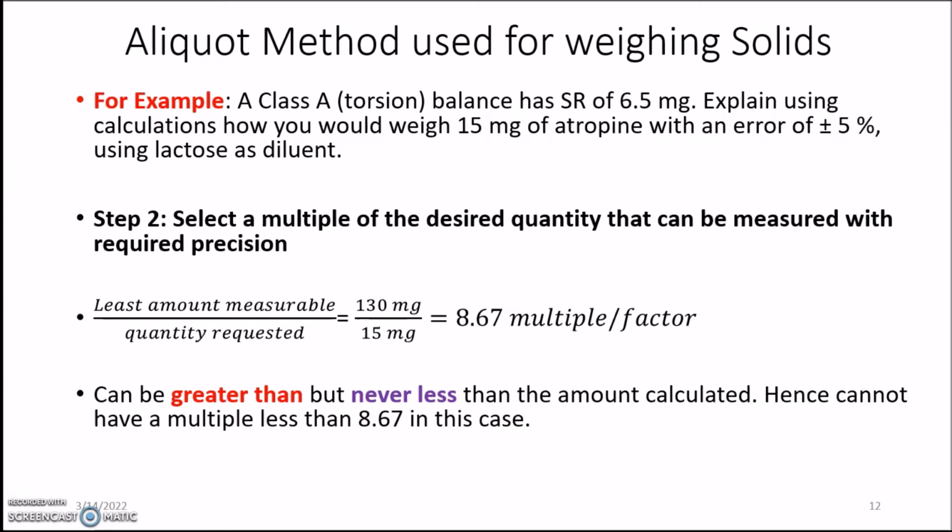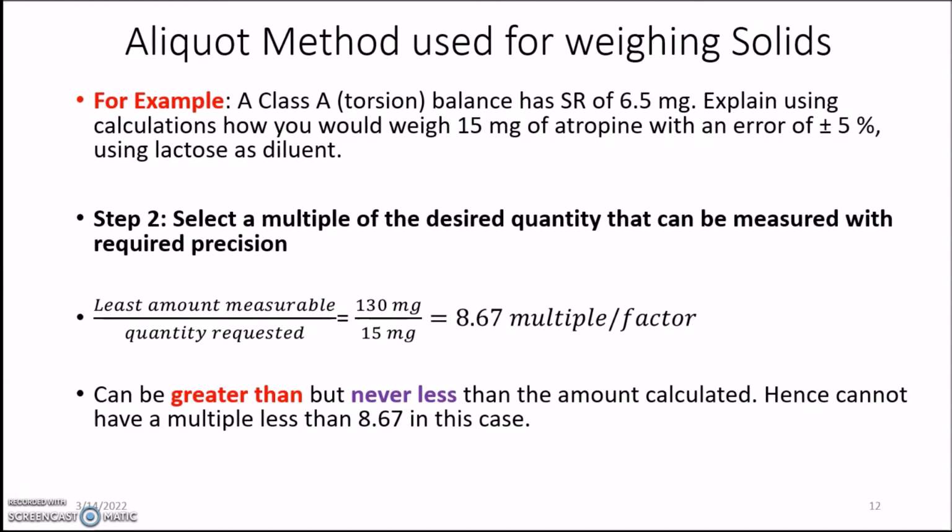Of course, the greater your multiple is, say I choose a multiple of 20, it means that my mixture is now going to be 20 times the amount that I want to weigh, which might not be practical in many cases, and might not be as conservative because you're using more than you have to.